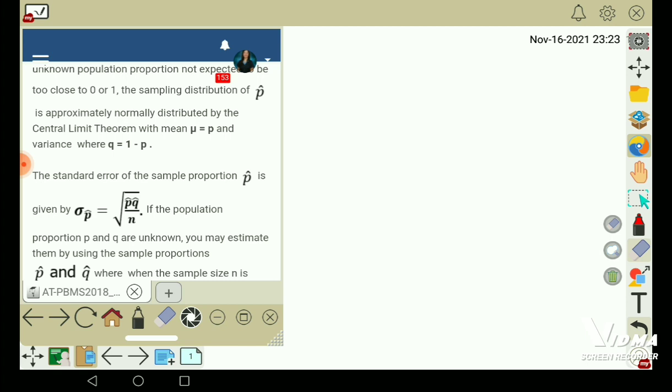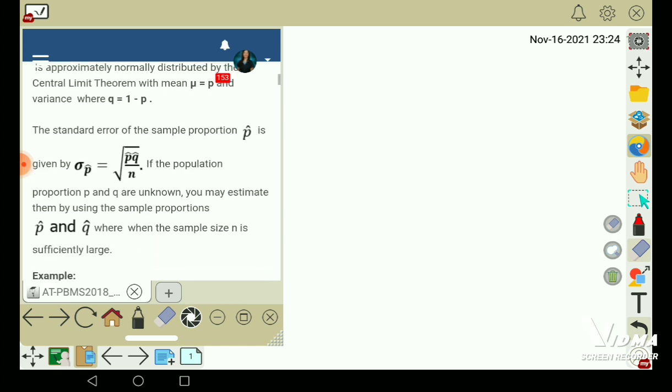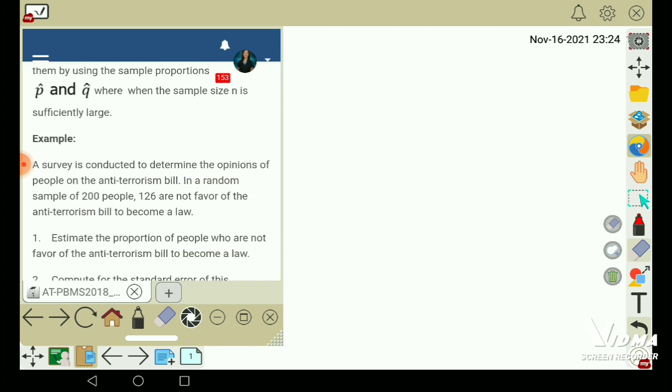The same goes with your sample proportion, which is represented by p hat. If p hat is yes, then q hat is no. For example, a survey is conducted to determine the opinions of people on the anti-terrorism bill.